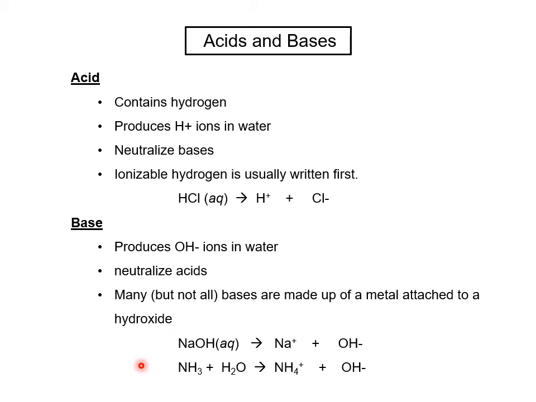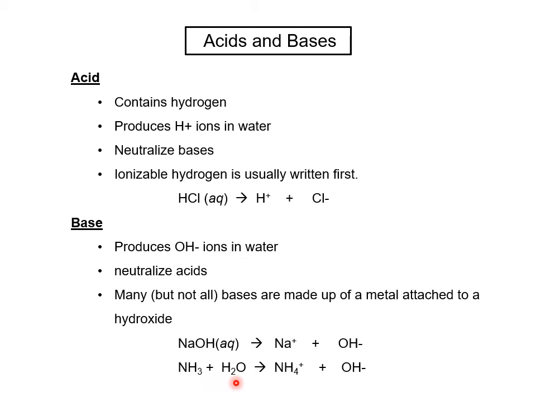Other forms of bases produce hydroxide not because they contain a hydroxide within their formula, but because when they are placed in water, they take away an H plus from water and leave behind a hydroxide, an OH minus, that belonged to water. So here, NH3 is called ammonia.